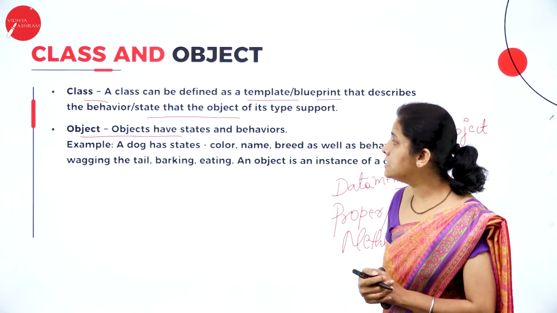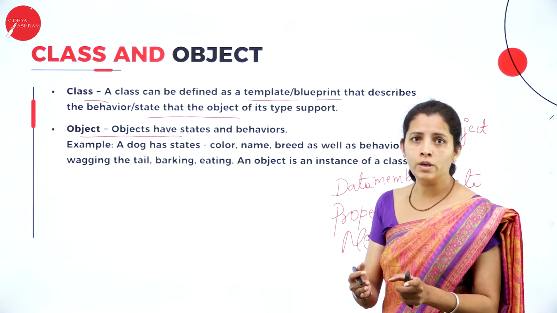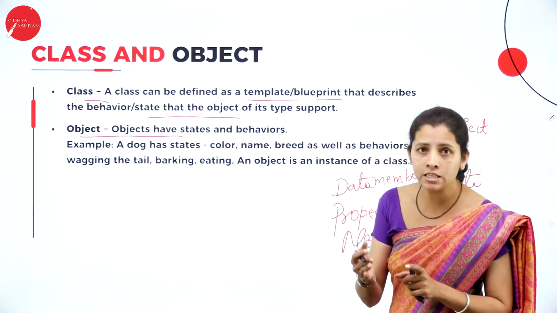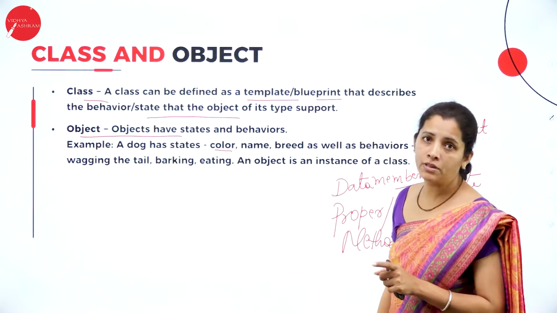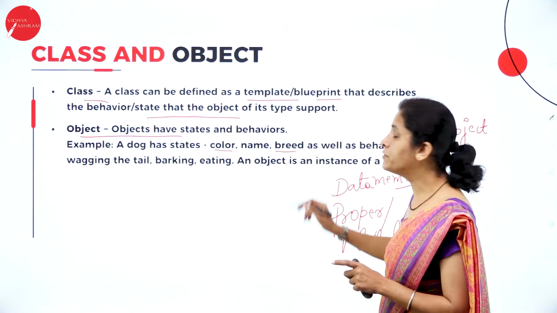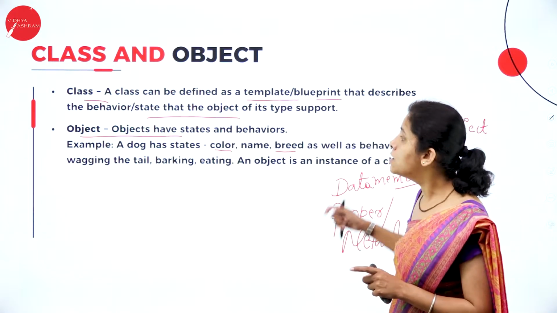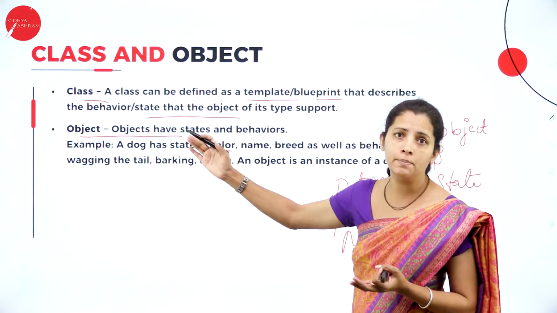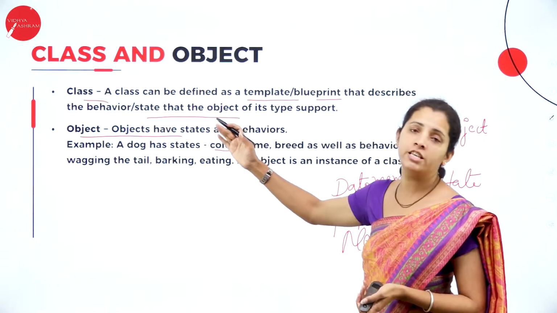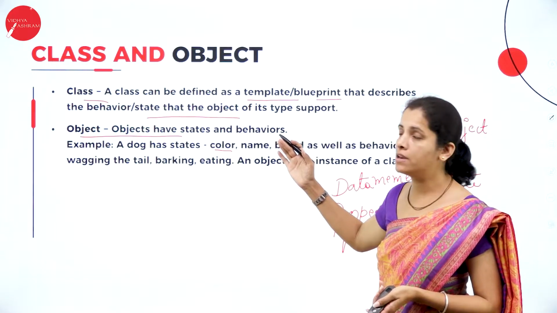Now if I consider a dog, the dog has state: color, name of the dog, breed of the dog, these are the properties. Here an object is going to have state as well as behavior.